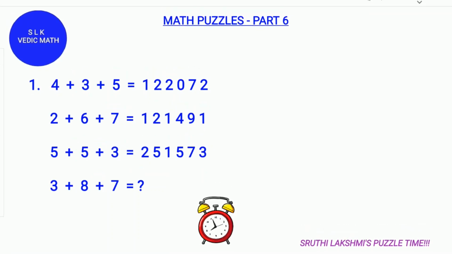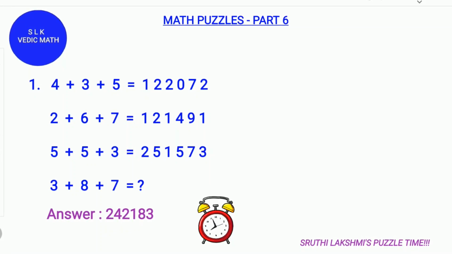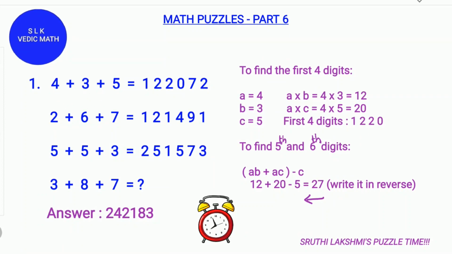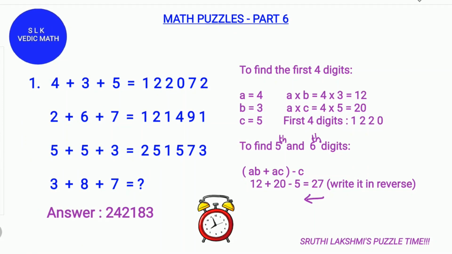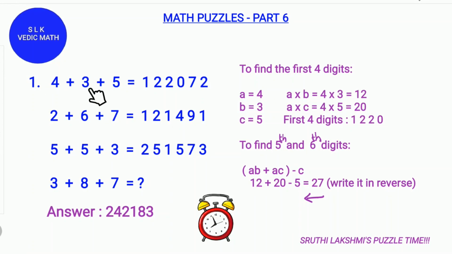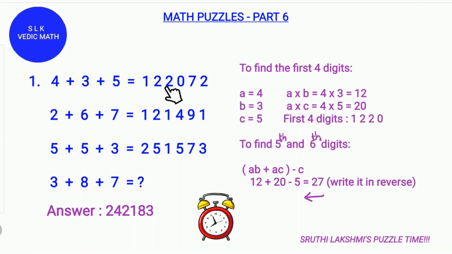Time's up. The answer is 242183. For 4 plus 3 plus 5, to find the first four digits, we do 4 times 3, which is 12, and 4 times 5, which is 20.